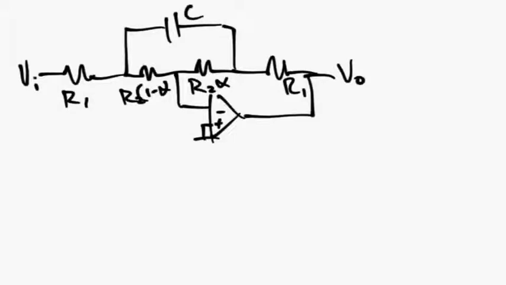So then we'll do a current analysis rather than a voltage analysis, because if we take KCL at these three nodes, we can find the answer, but it's a lot cleaner if we do this in current. So we'll say here's a current here, and we'll name this current I1, and this one's I2.